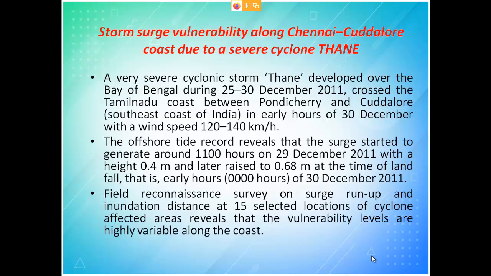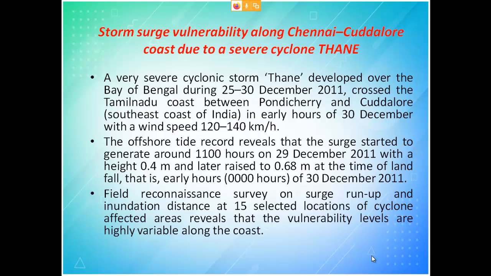Inundation distance at 15 selected locations of cyclone-affected areas. So in order to do our case study, they have taken 15 selected locations in the affected area relevant to the variability level.